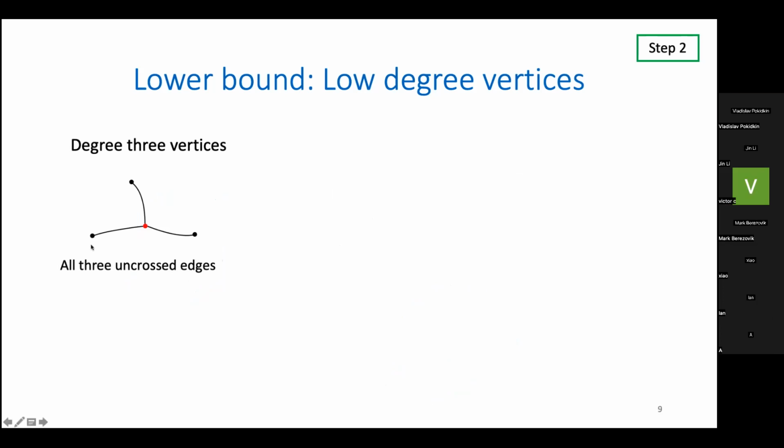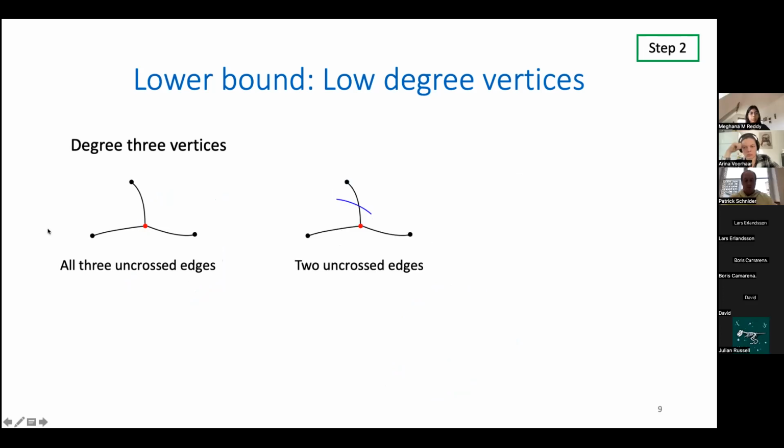How will these degree 3 vertices look? We have this red vertex, which is a degree 3 vertex, with 3 incident edges. Maybe we have all three of them uncrossed. We could also have one crossed and two uncrossed. Or we can have that in the drawing, two of them are crossed and only one of them is uncrossed.